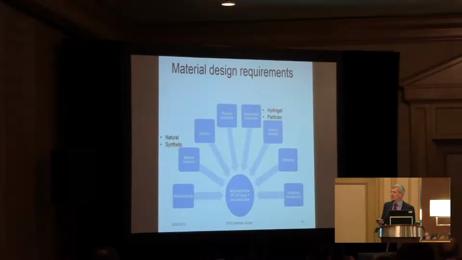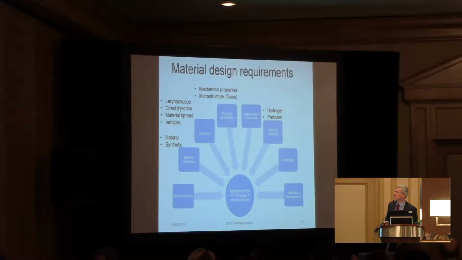There's a wide range of natural or synthetic materials available. We should look at the way the material is delivered, whether it's through a laryngoscope, whether it's going to be an injection, or if it has to be delivered through a vehicle like a particle or some kind of vessel that will degrade over time and release a substance later on.